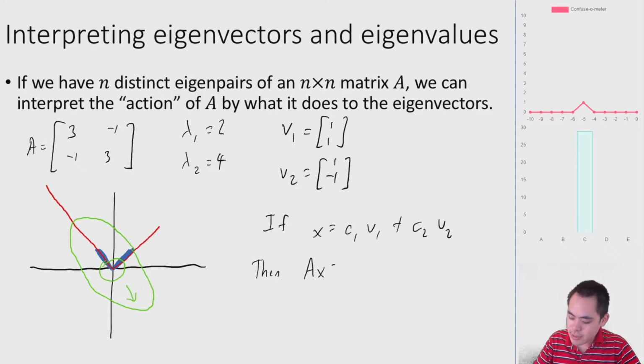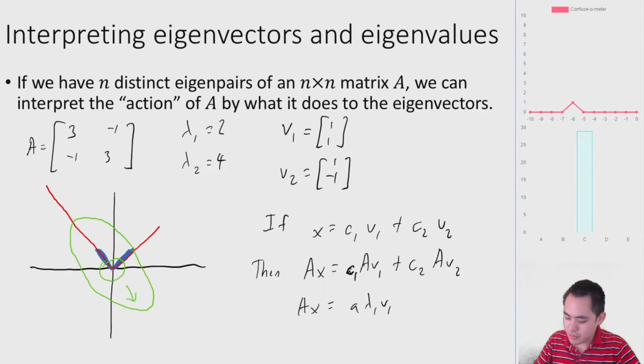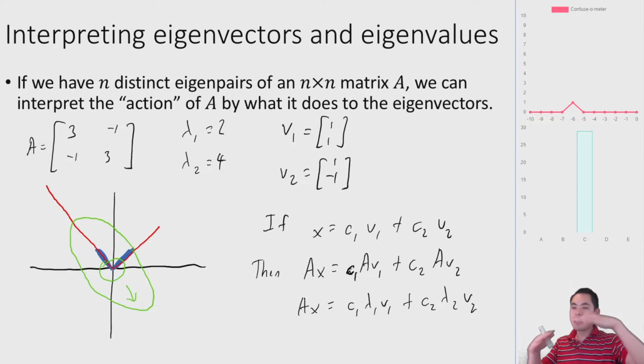Then Ax, by the distributive property, is going to be equal to c1 times A v1 plus c2 times A v2. So Ax is going to be equal to c1 lambda 1 v1 plus c2 lambda 2 v2. Because it's just scaling each of these eigenvectors independently, and then you can add them back together.